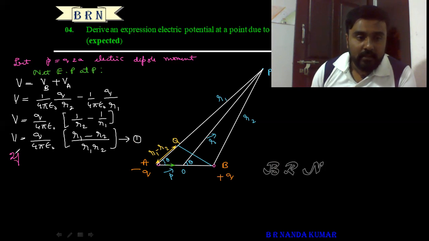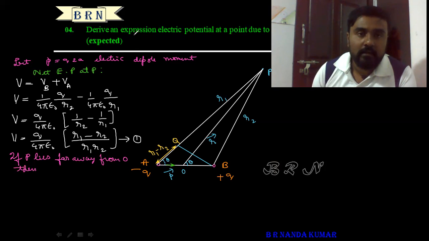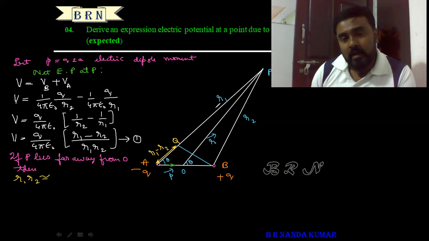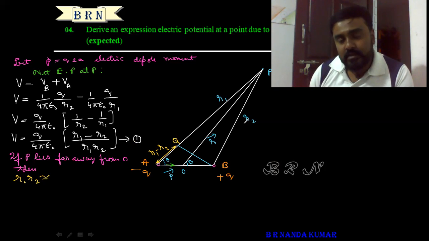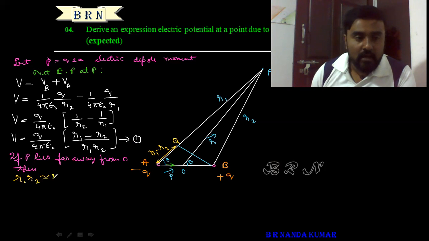Now an assumption: if the point P lies far away from O, then that is simple logic. R1 is approximately R, R2 is approximately R, so R1 into R2 is R square. Call this equation number A.